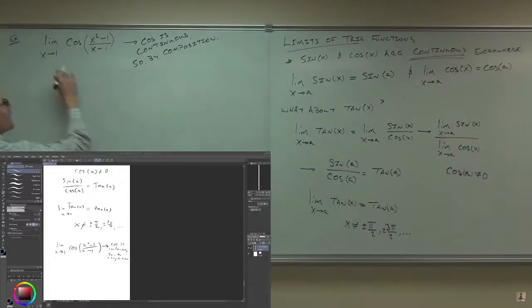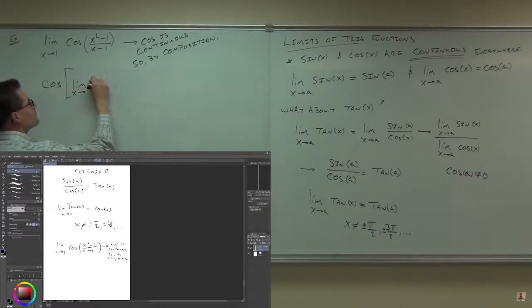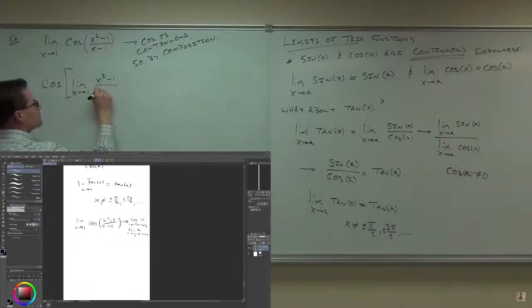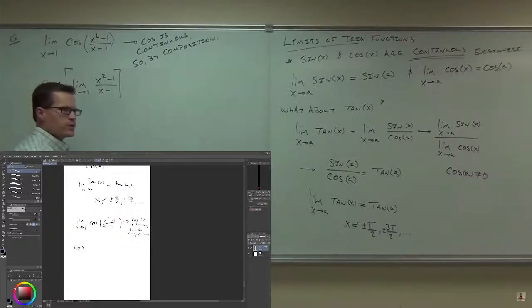Instead of taking a limit of cosine of something, you can actually do this. It's very much like removing an exponent from your limit. You can say, I don't want to deal with that, I want to deal with cosine of my limit. That's legal. Why would you rather deal with that? Have you seen things like this before?